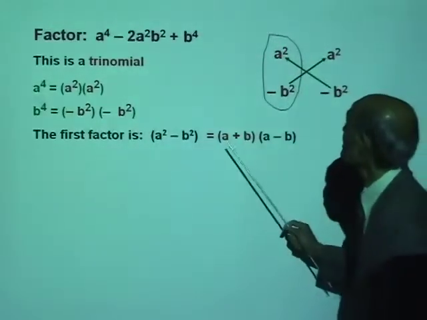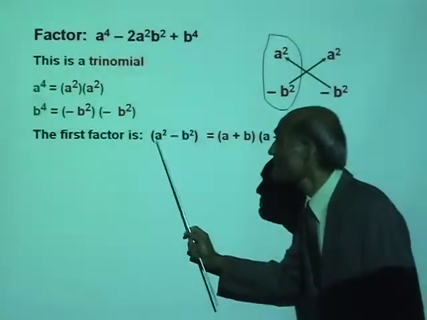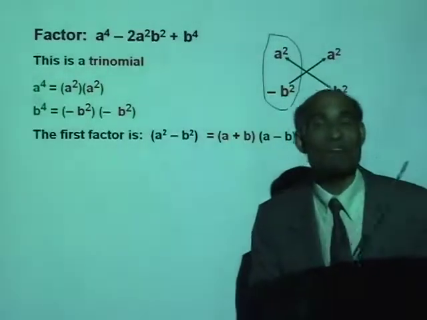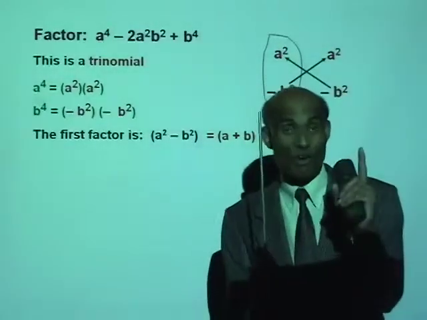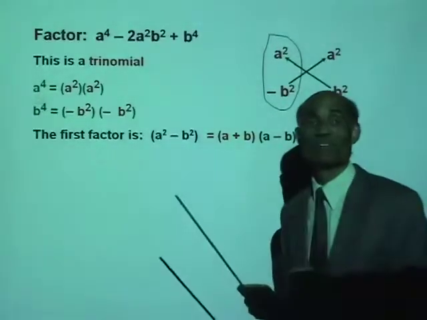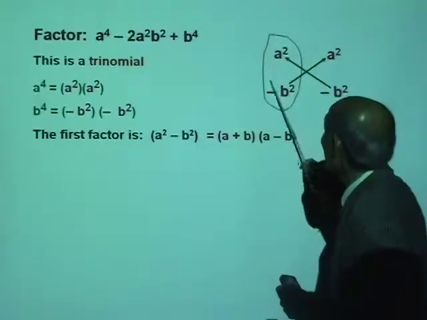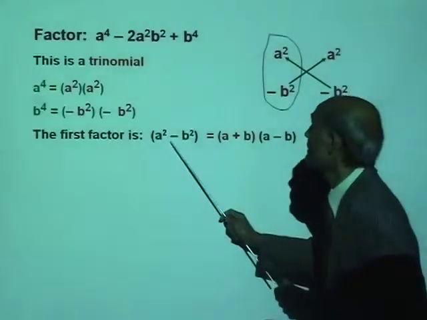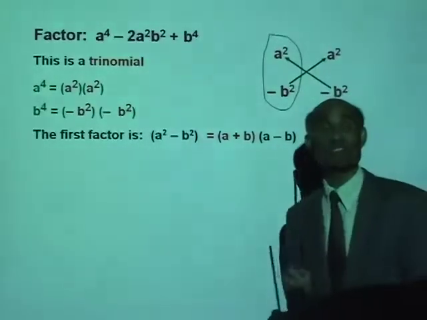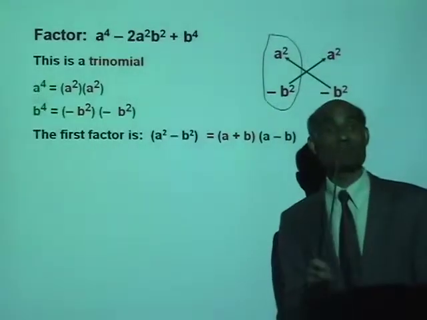The second factor, well, you notice here, a squared minus b squared is a difference of two quantities. That can still be factored. So, the first factor is here, a squared minus b squared, and a squared minus b squared can be further factored, which is a plus b times a minus b.